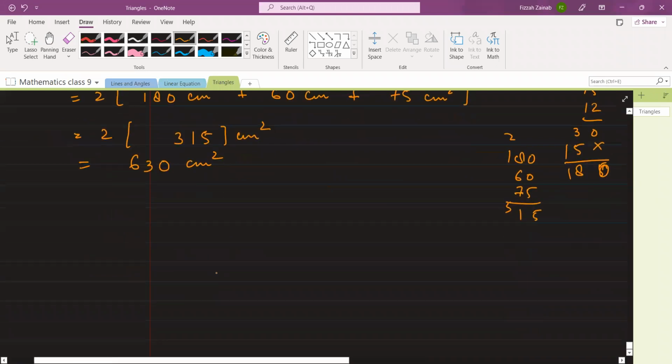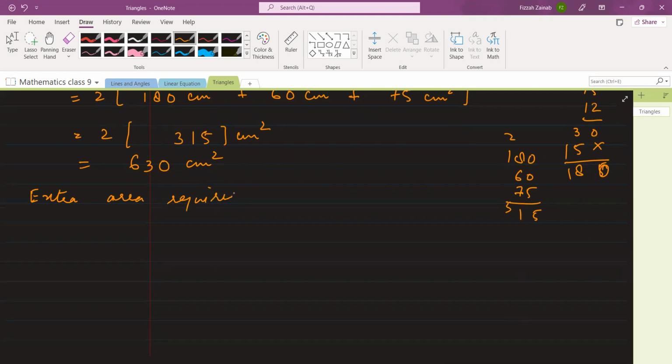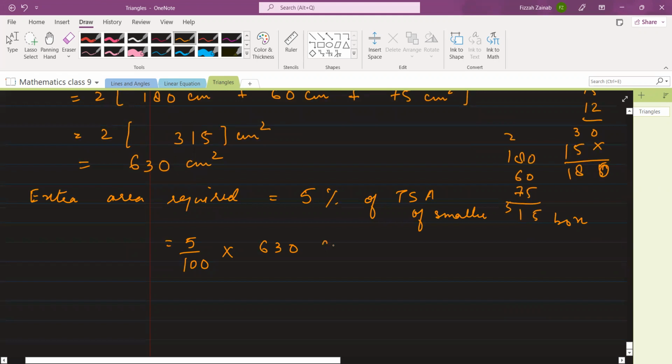Okay. Now extra area required. That means it is 5% of TSA of smaller box, right? So this is 5 upon 100 multiplied by 630 centimeters square.